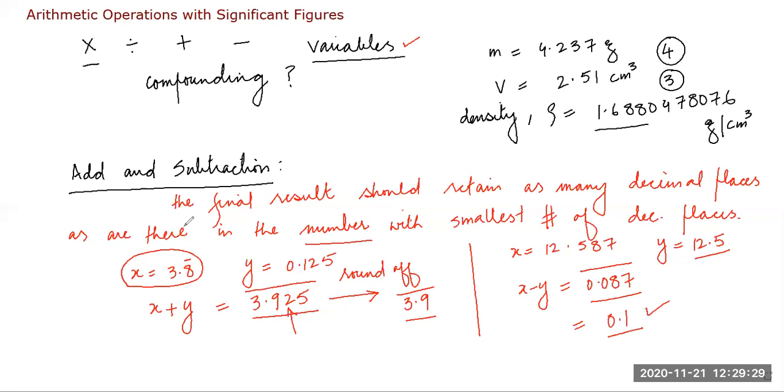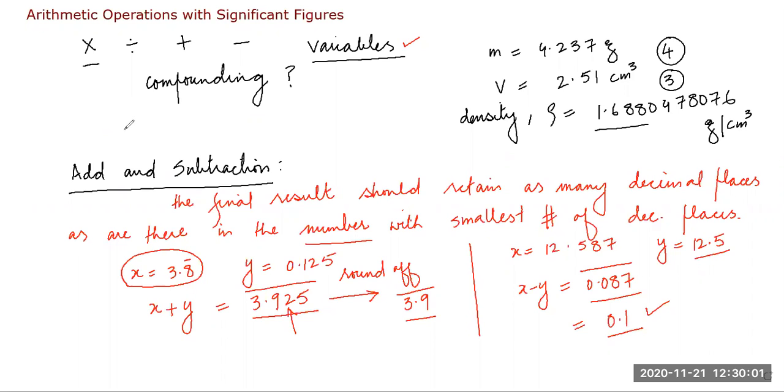This is how, students, we do addition and subtraction. It is very important for you to note down this observation, students, that in arithmetic operations with significant digits, the final result of compounding any number of variables should not have more significant figures than the original data from which it is obtained.